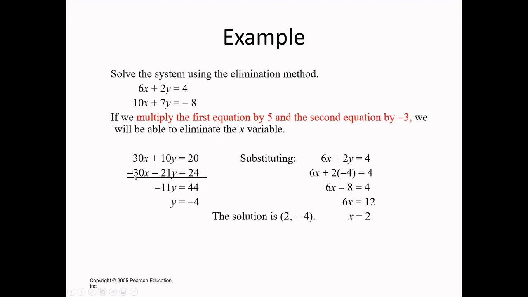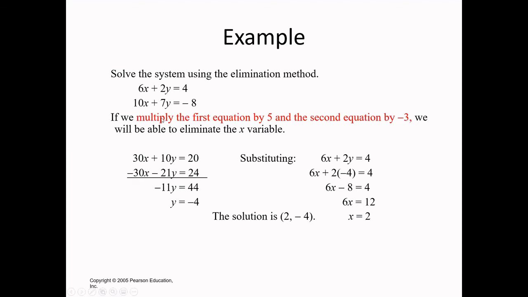Well, to get a common term, if I look at 6 and 10, what are the possible numbers that both of these can go into? Well, 30 is the smallest number that both of these will go into. So we multiplied this by 5 to get 30. We multiplied that by 3 to get 30.